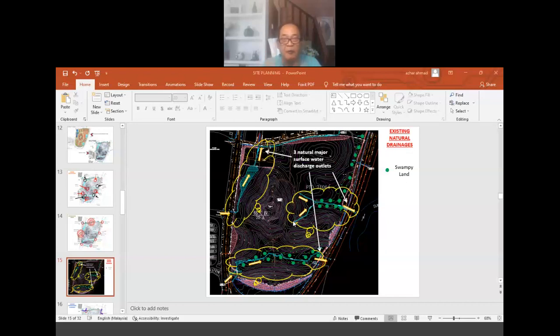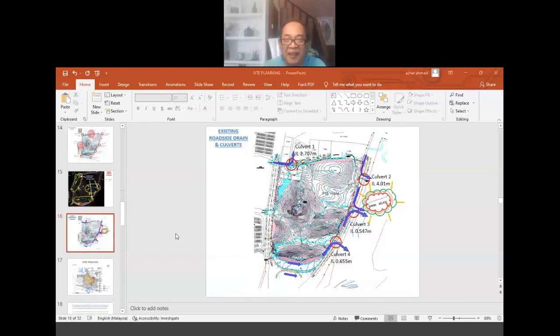We're picking up all important features, all important and relevant information from the site, within the site, dan juga around the site. Okay, around the given site. And selepas pada ni, there is satu lagi, existing drain, roadside drain dan juga culverts.